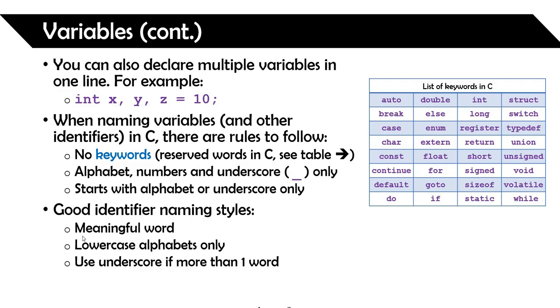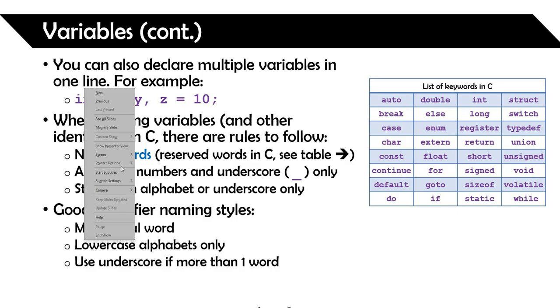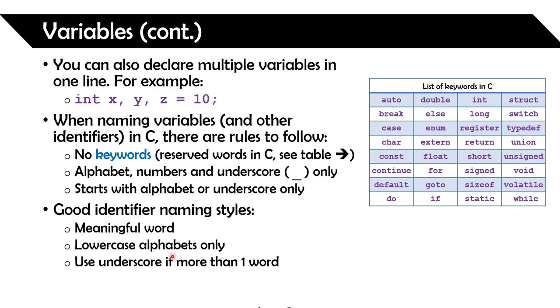So that's why they say you should try to use some meaningful word that reflects what you're trying to do. And the second one, why use lowercase alphabets only? That is because variables are case sensitive. Let's say you accidentally define a capital I, integer1, but at a later point you use a small letter, you'll have an error.